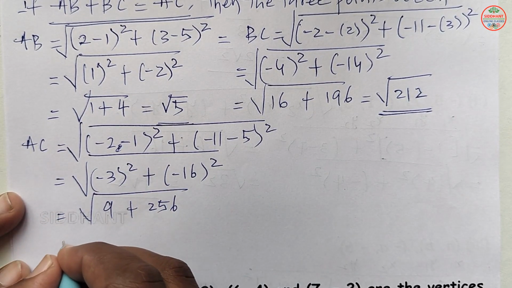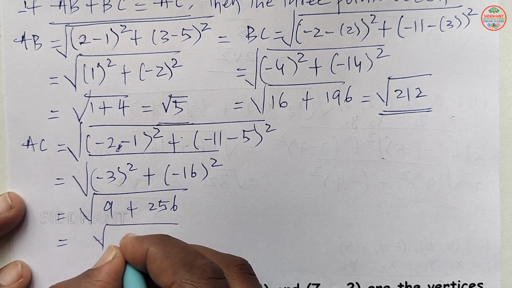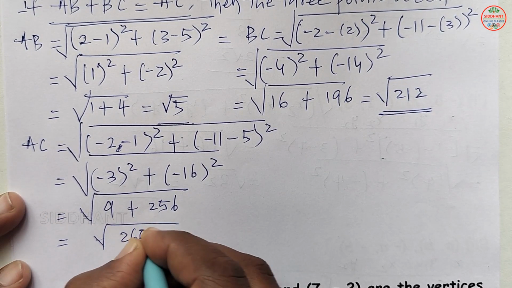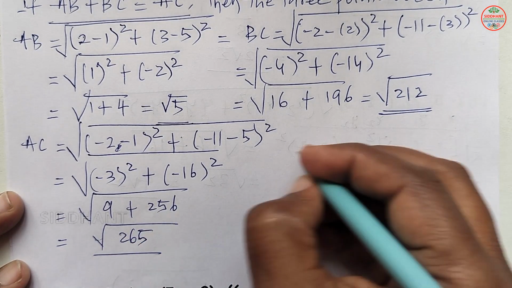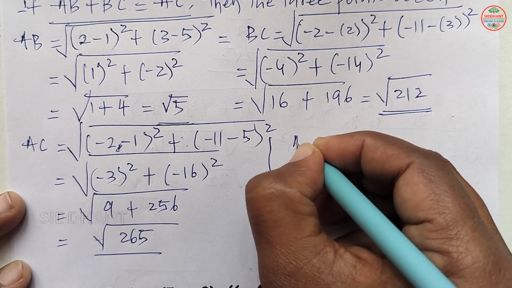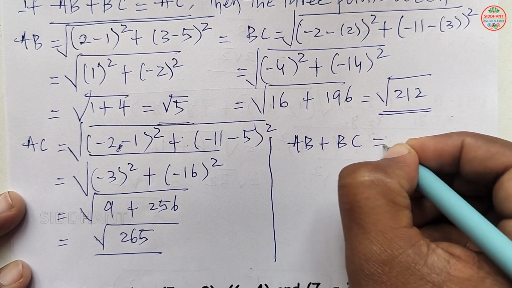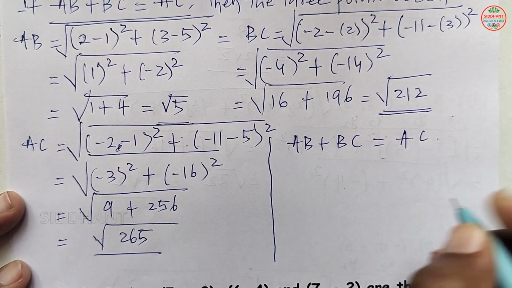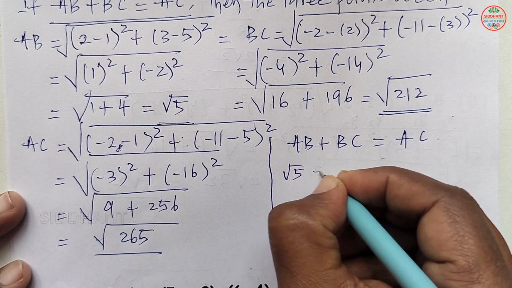So that will be root 265. So now when you are going to input the value, AB plus BC should be equal to the distance AC. So AB, how much did we get? Root 5.